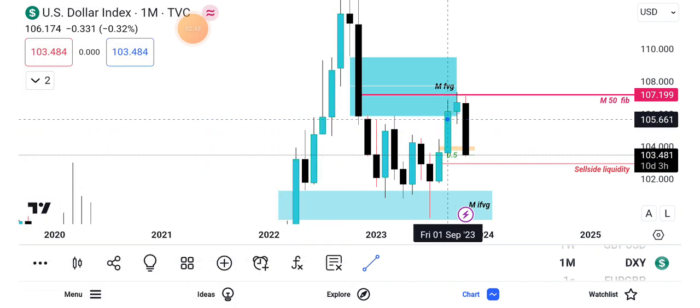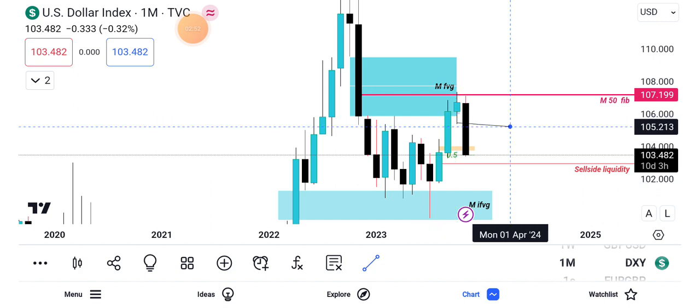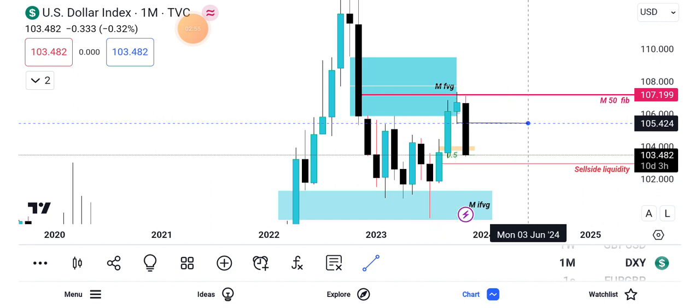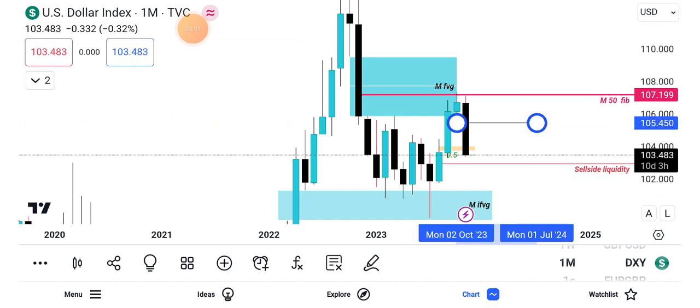So I'll start with that fair value gap, and it will be an important fair value gap, whereby, let me draw these lines. And that's the low.